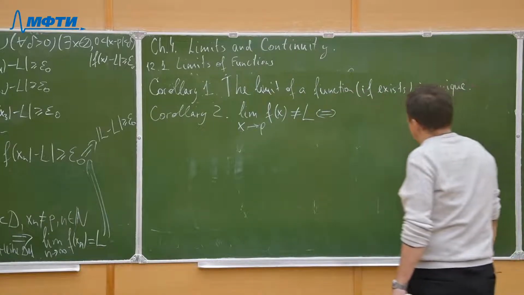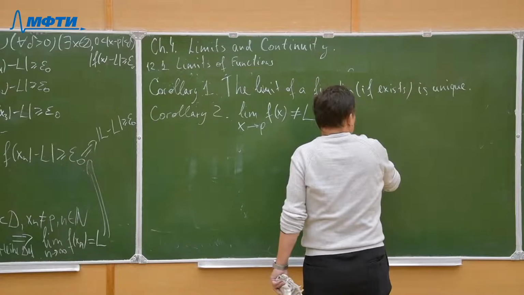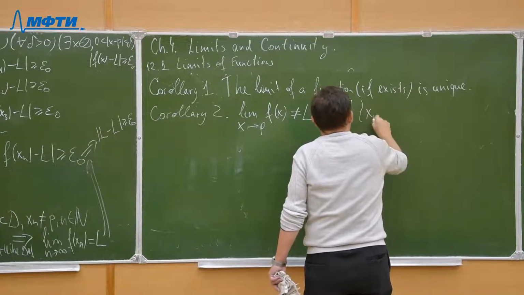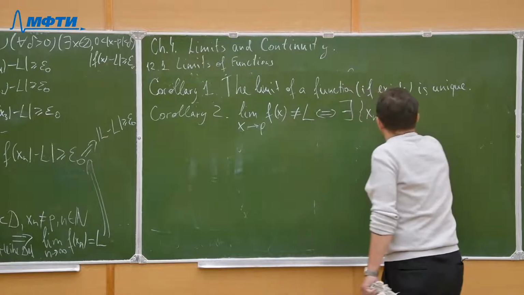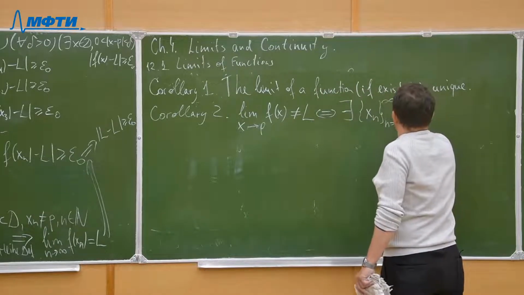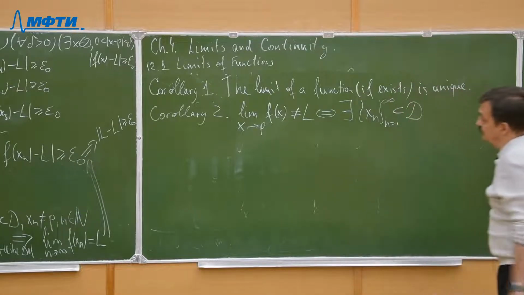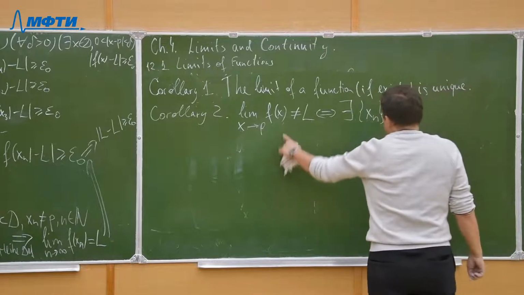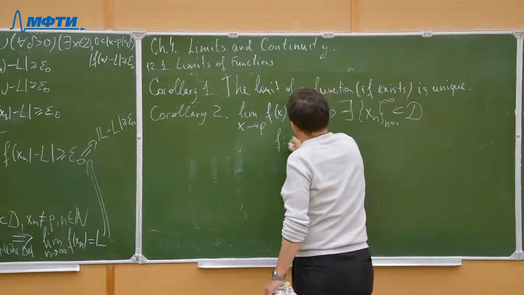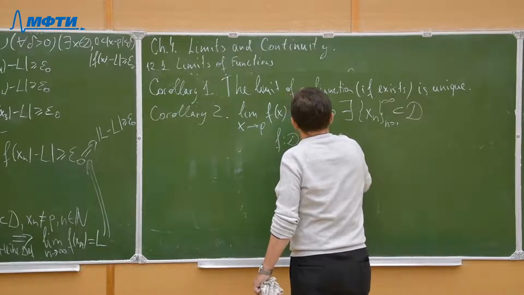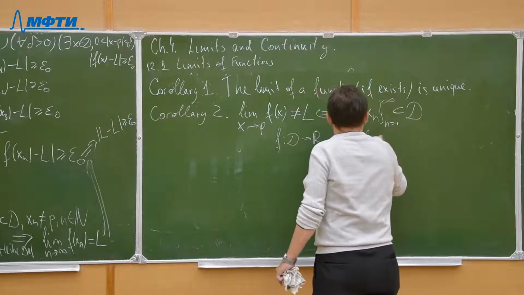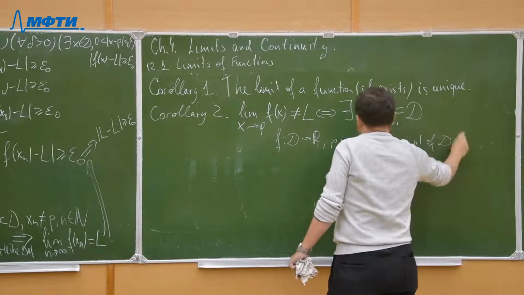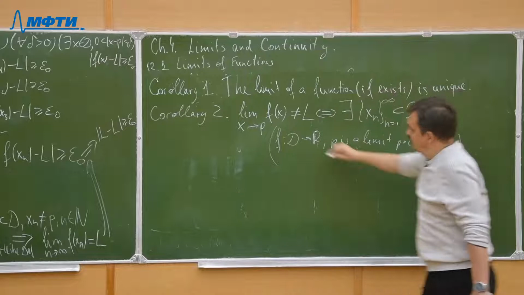That there exists a sequence xn in the set D. Recall f is from D to R, p is a limit point of D. This is supposed, of course.